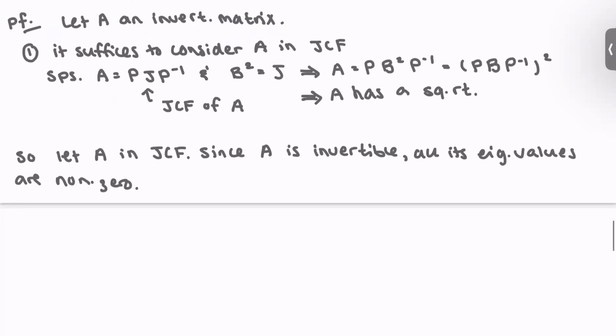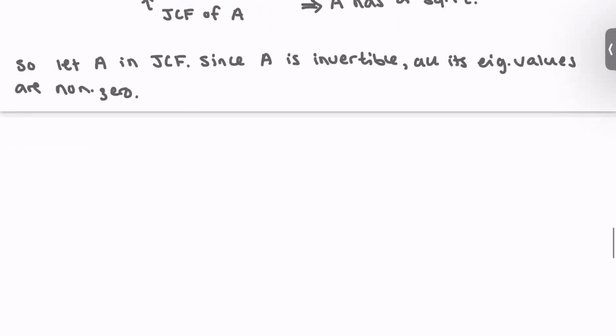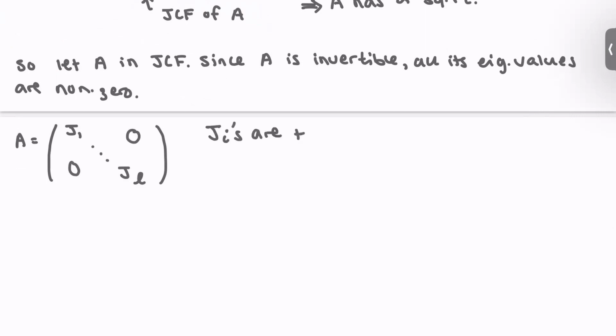So in particular, let's write out what A looks like. It's going to look like some block diagonal matrix where I have, let's say, J1 through JL along the main diagonal, zeros everywhere else, and these Ji's are the Jordan blocks of A.